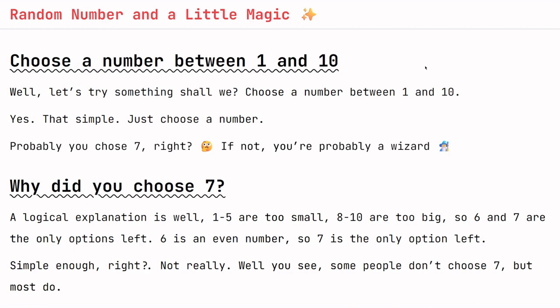Right. So, first things first. Why did we choose the number 7? Well, the logical explanation is 1 to 5 is way too small. No one wants to be too small, not too big. 8 to 10 are too big of numbers. So we are left with 6 and 7.